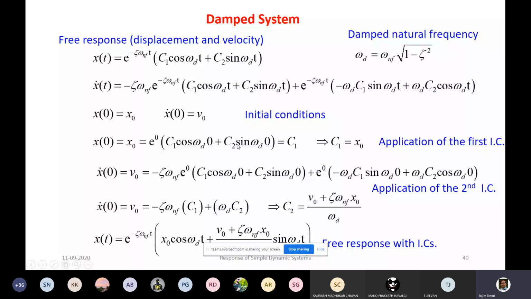It is giving us C1 is equal to x naught. Then the second expression, velocity. If I put t equal to 0 in this, that is the velocity v naught. So if we simplify this, this is giving v naught is equal to this. From here, because C1 we already obtained is equal to x naught, C2 can be obtained.